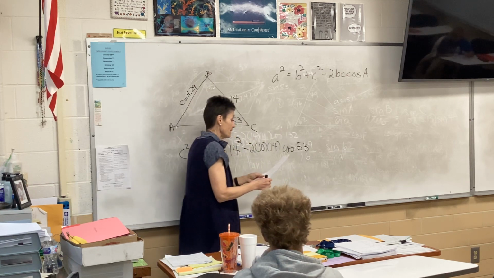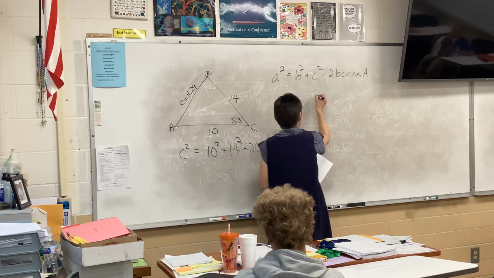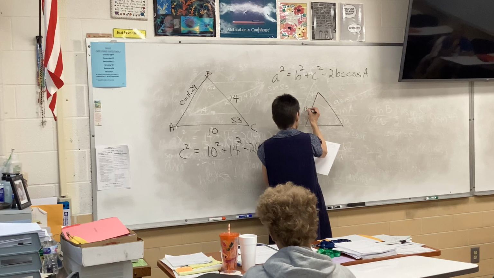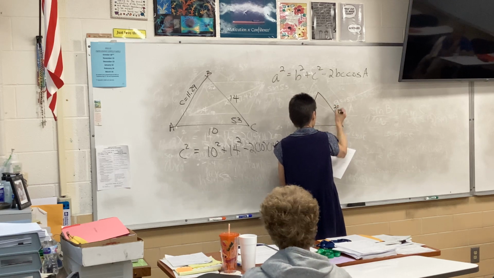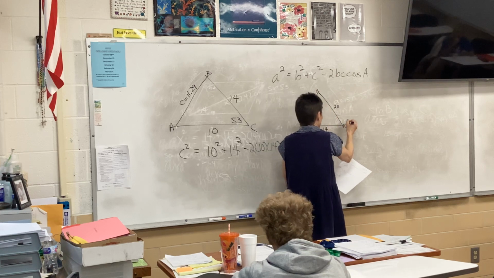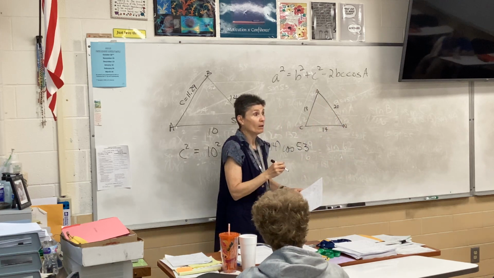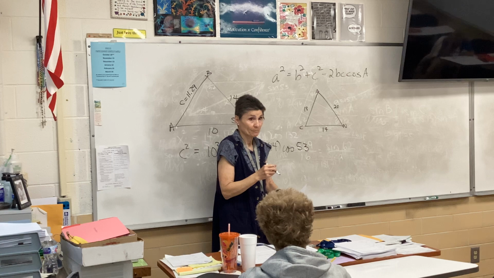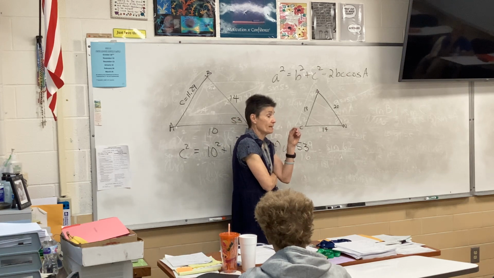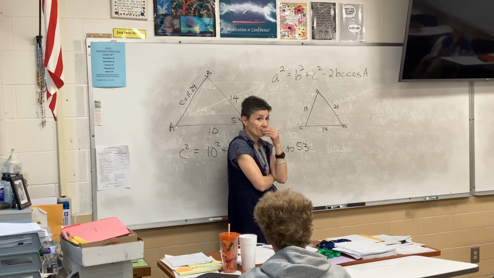Now, next, number 2, find the area. Now notice, what have we been given in this triangle? All of the sides. So who remembers how we do the area if we know all the sides?